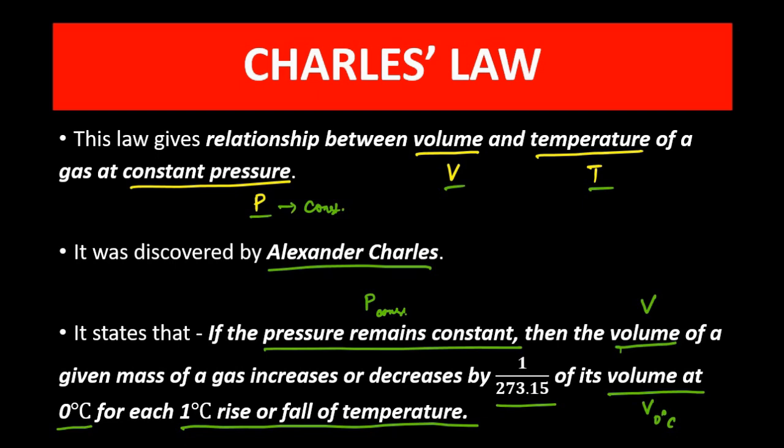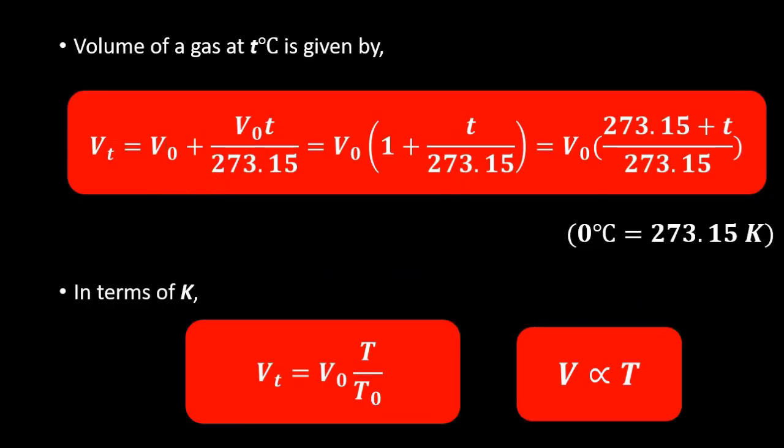If we want to express it in a mathematical way, it will be this. Here we have the volume of a gas at T degrees Celsius. Please note that it is in degrees Celsius; the equation is different for Celsius and Kelvin. This is for Celsius.